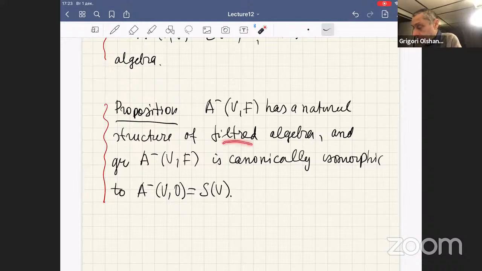So we get a filtration, and we can define the associated graded algebra, and it is canonically isomorphic to the symmetric algebra. So the size of our object is just the same as that of the symmetric algebra, or the algebra of polynomials in the number of variables equal to the dimension of this space. Okay.